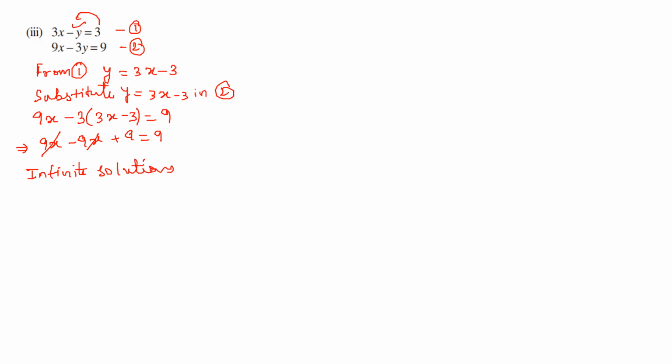Now let's move to the fourth part of it. So the fourth part, if you see, is given in decimal form, isn't it? It is given as 0.2x plus 0.3y equal to 1.3 and 0.4x plus 0.5y equal to 2.3. So many times I've seen children get tensed after seeing these decimal numbers.